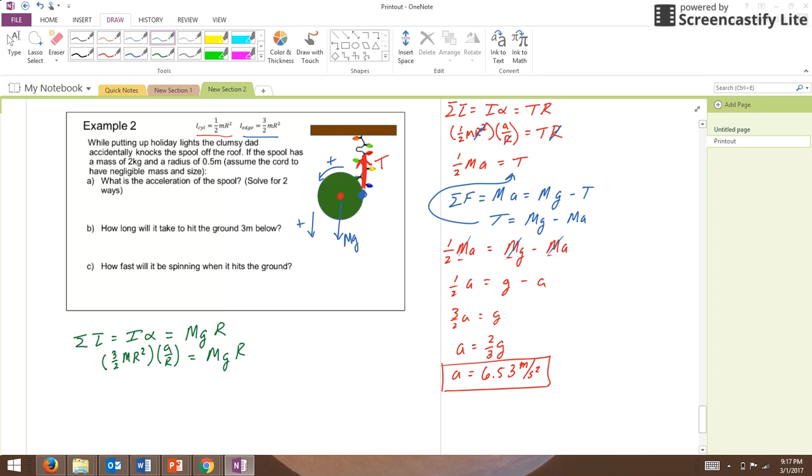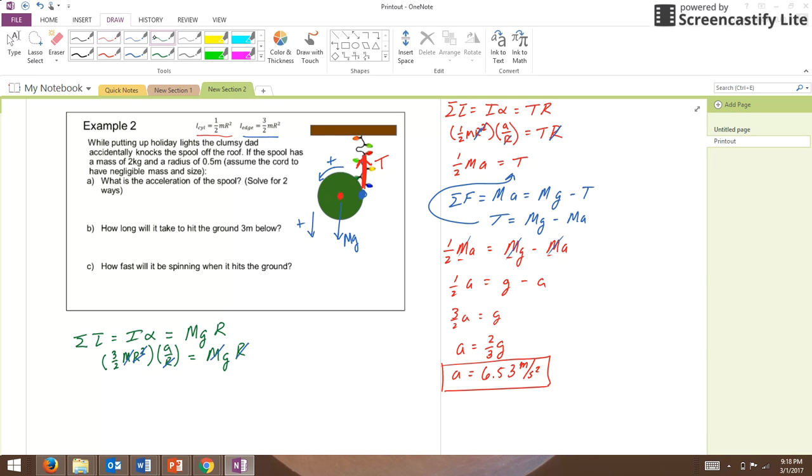That equals mgr. So this is very exciting. There's lots of stuff we can cancel all at one time here. For one, we can cancel all of the r's just like last time. This r cancels with that squared, this r cancels with this r, and we have an m in both terms as well.